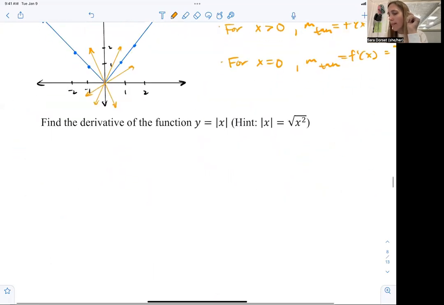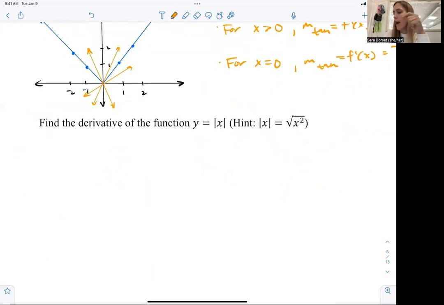So let's go ahead and find the derivative of the absolute value of x. My hint here is our other form of absolute value of x, the square root of x squared. So for f prime, no, I didn't use function notation, I'll call it y prime.